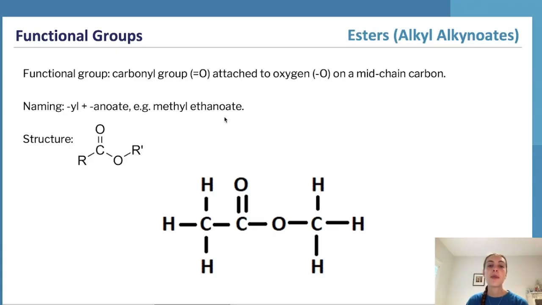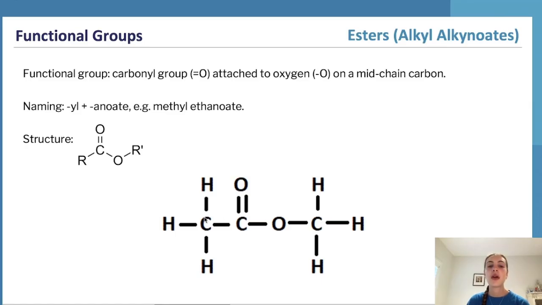So for example, methyl ethanoate. If we look at what methyl ethanoate is here in this diagram at the bottom, we can see the methyl part is this additional section here, whereas the ethanoate part is the section which has the carbonyl group attached to it.